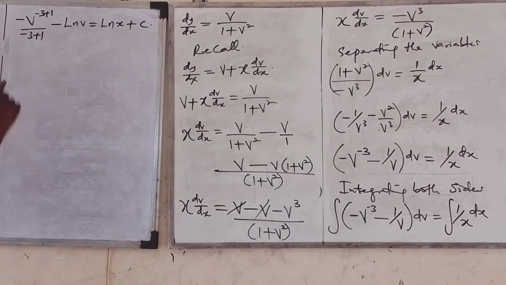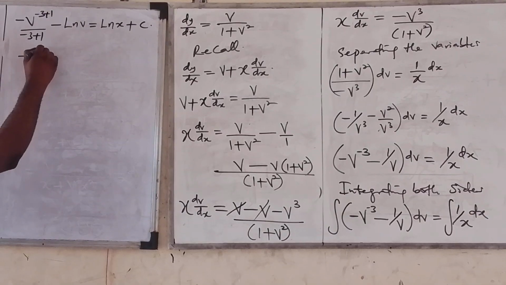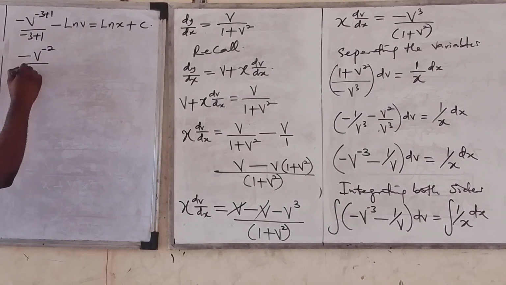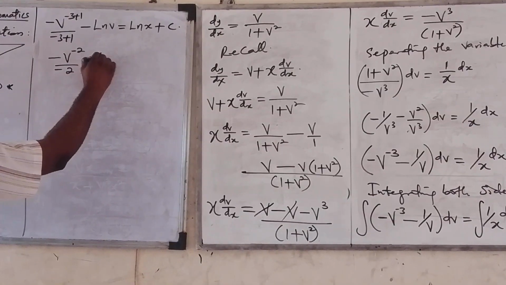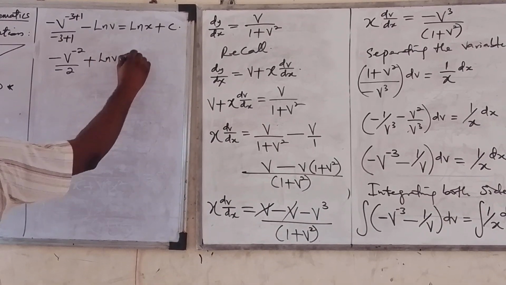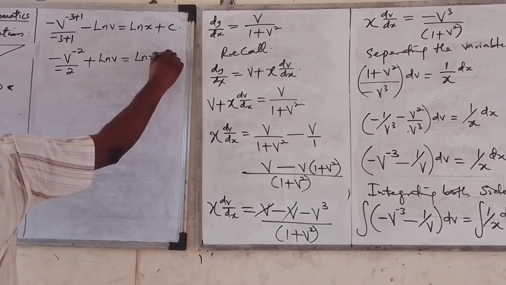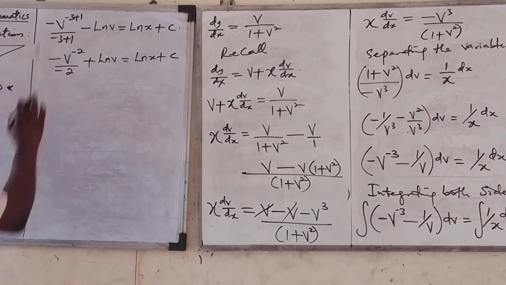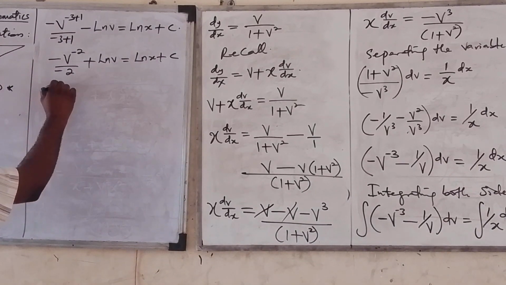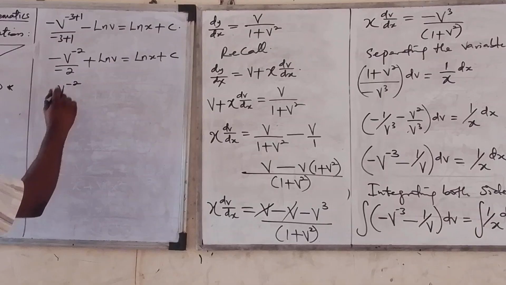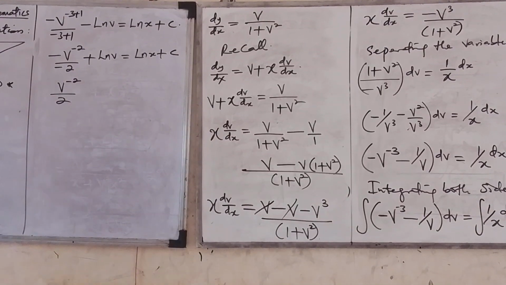So this is the same as saying minus v raised to the power of minus 2 all over minus 2 plus ln v is equal to ln x plus c. So minus minus turns to plus. So we have v raised to the power of minus 2 all over 2, because here there's a minus and there's another minus here, and minus divided by minus is plus. So you see here, the minus actually vanished.